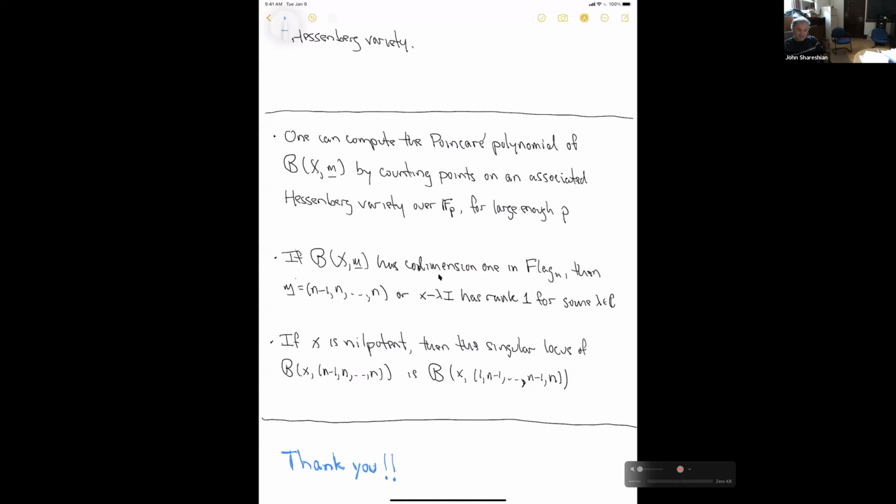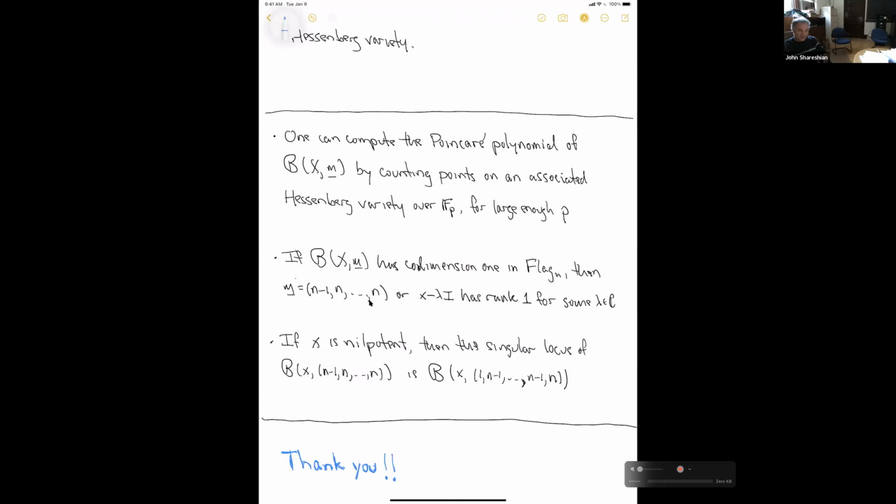We use this to study Hessenberg varieties of codimension 1 in the flag variety. You have to start somewhere. There are not general theorems on these things, or very few, so you have to start somewhere. We studied Hessenberg varieties of codimension 1 in the flag variety under a slightly more general definition than the one I've given you. And it turns out you can characterize those: if X has an eigenvalue of multiplicity n minus 1, then you can have codimension 1 for various Hessenberg vectors.